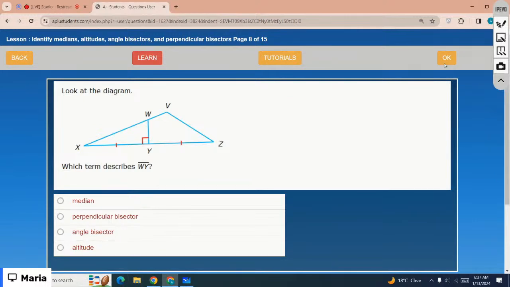That is the perpendicular bisector. The first thing is WY is perpendicular on XZ, right? And the second thing is WY divides the line XZ into two equal parts, right? So that means that is the perpendicular bisector.